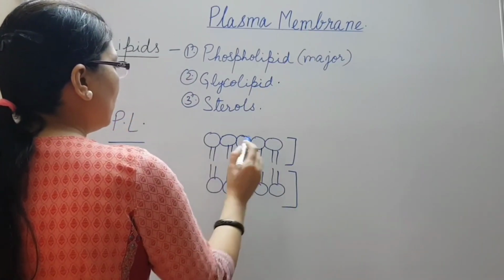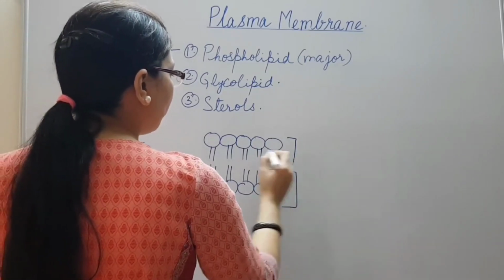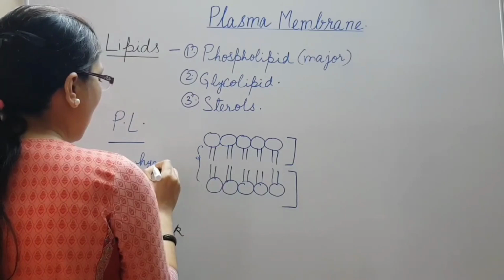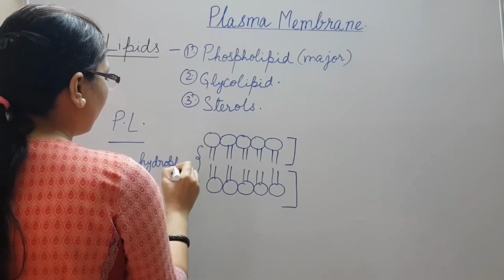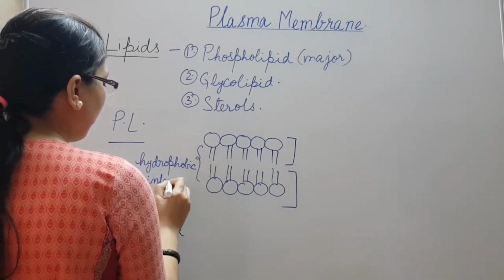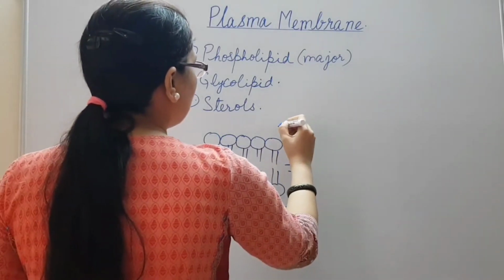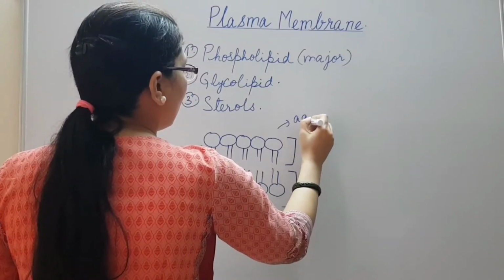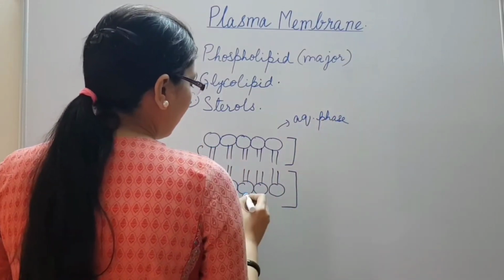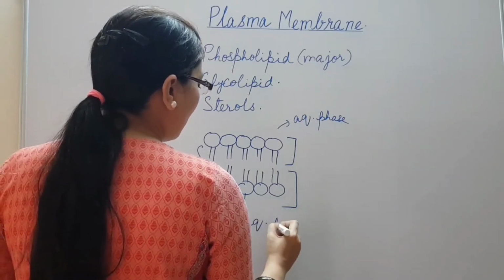Here the non-polar tails are facing each other and this forms the hydrophobic interior of plasma membrane, and the polar head faces the aqueous phase, and this aqueous phase may be external or internal.